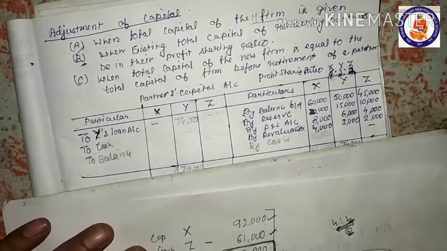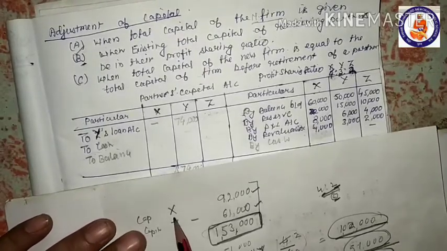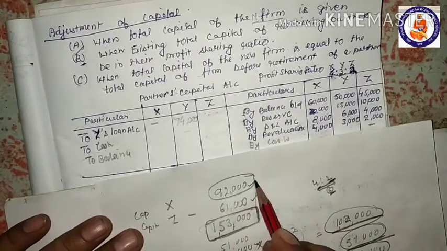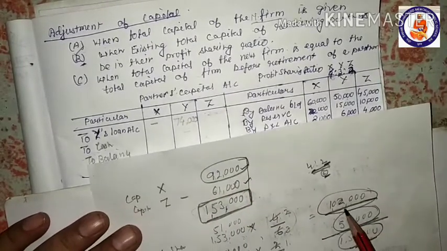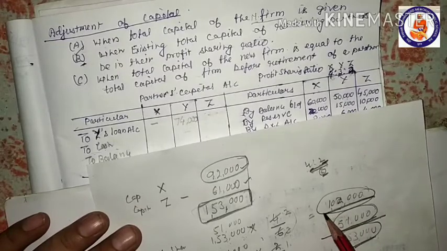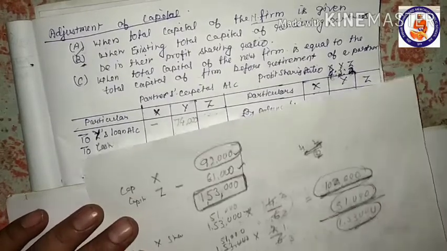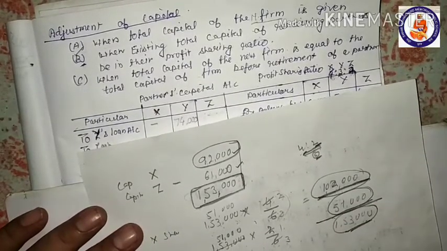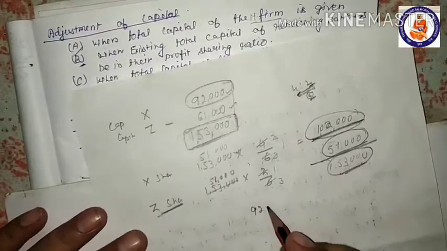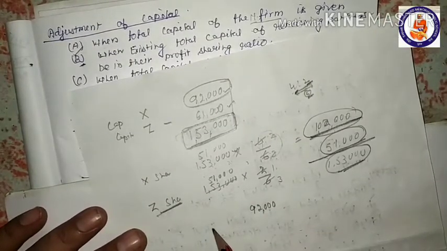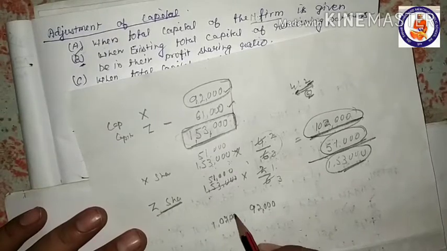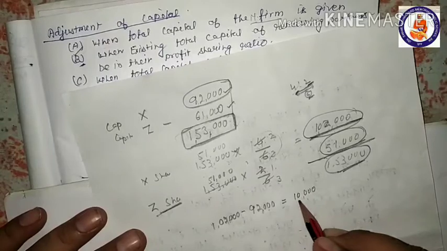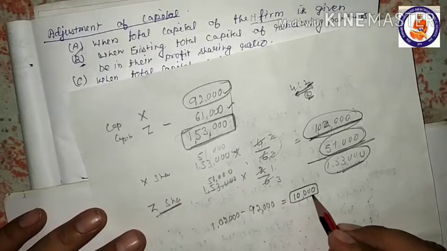X's capital is 92,000, and his capital should be 1,02,000 as we have calculated. How much short is his capital? It is 10,000 rupees short.